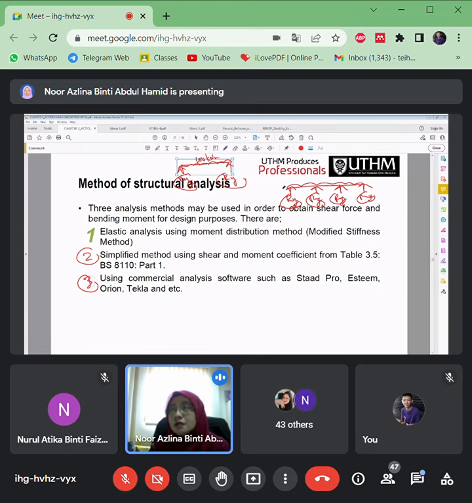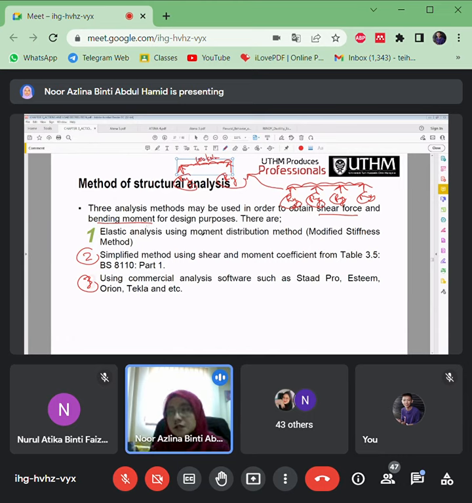Okay, you cannot just simply define the RY same like simply supported here. So that's why there are 3 methods here, okay, in order to obtain the shear force and also bending moment, especially for the continuous beam. So we have 3 methods here.